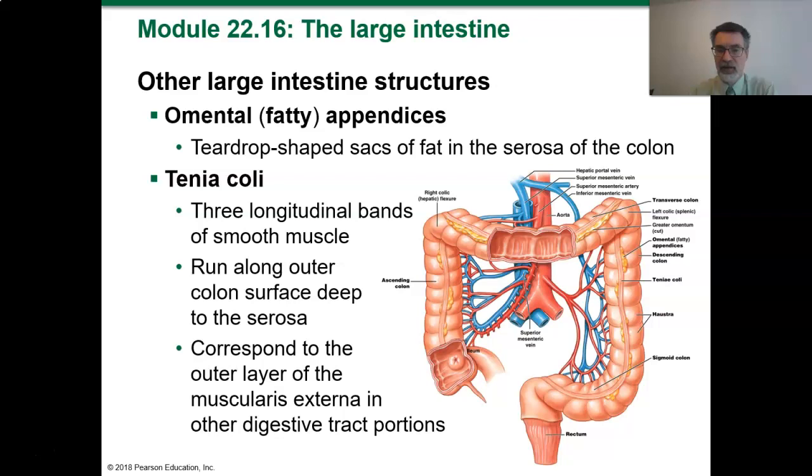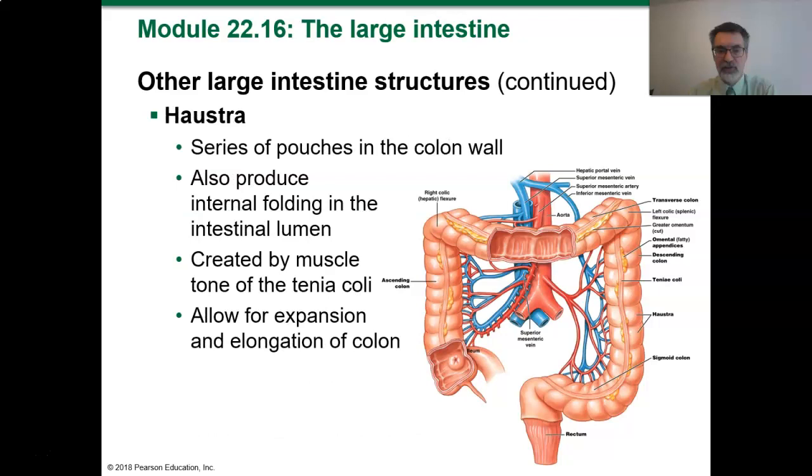Tenia coli, again, is an additional band of muscle in the large intestines that creates those haustra pouches along the large intestinal structures, right? So these haustra pouches are going to help with the mixing of our food, the remnants of our small intestine.